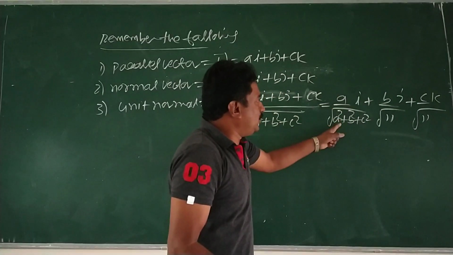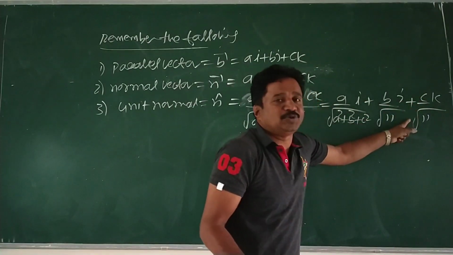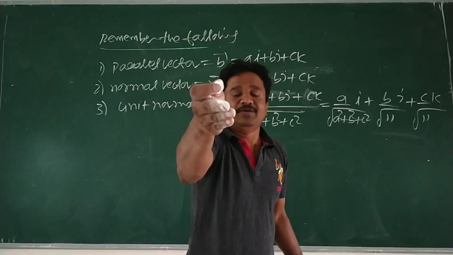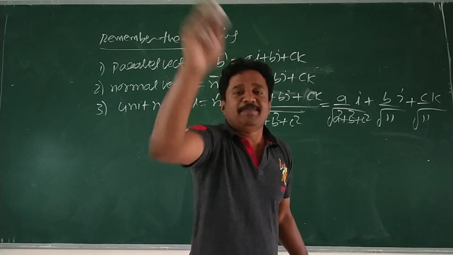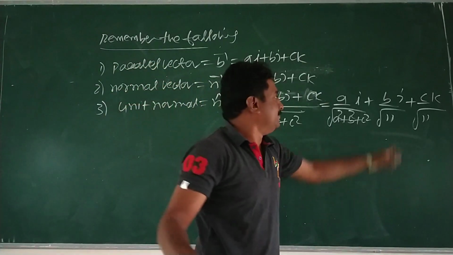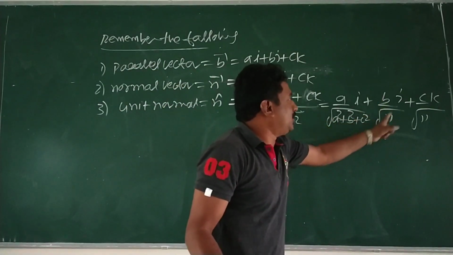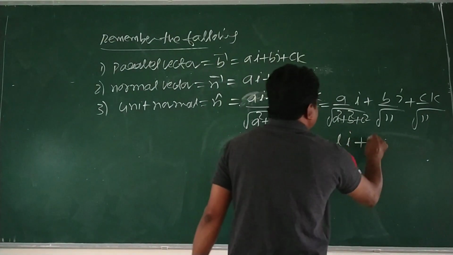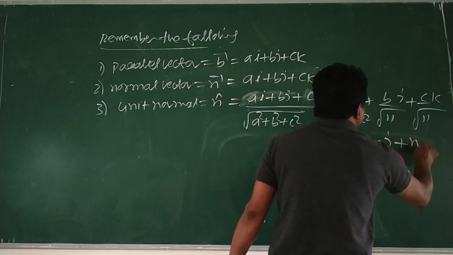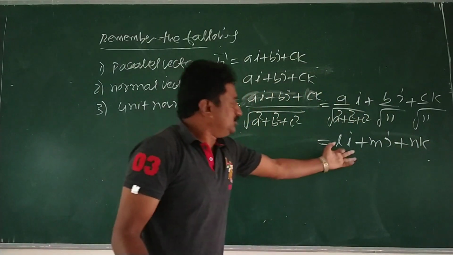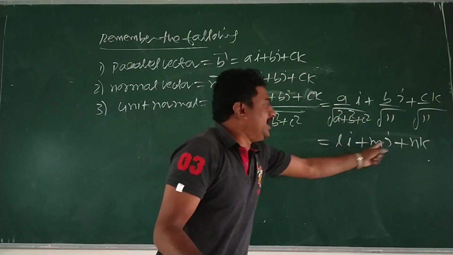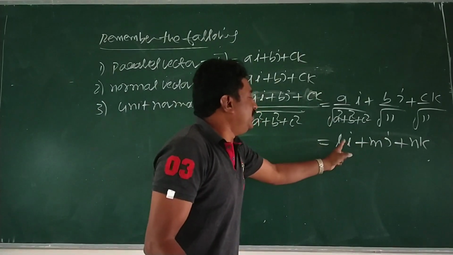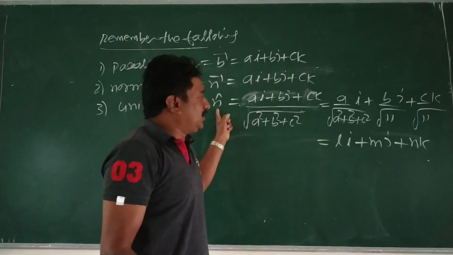What is a by root of, b by root of, c by root of? lmn. l means a by root of a square plus b square plus c square, m means b by root of the same, n means c by the same. That means li plus mj plus nk. This is the reason why we take lmn for the unit vector.